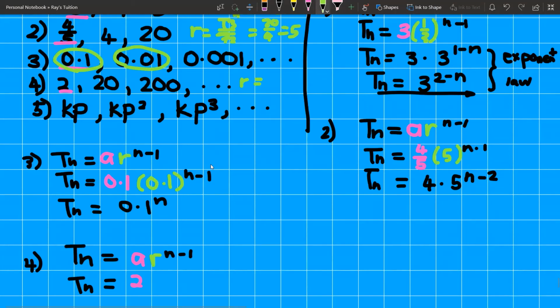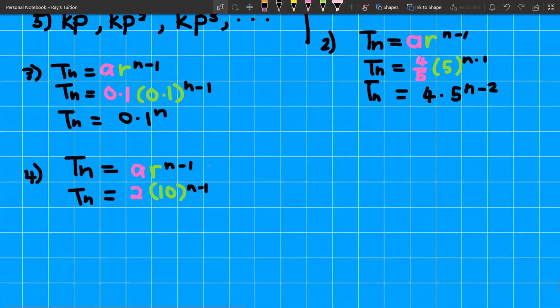Here I'm going to say T2 divided by T1, which gives us 10. So our ratio is 10, and that's to the power of n minus 1. This particular one, I'm not going to simplify further using exponent laws. I'll just leave it as 2 times 10 to the power of n minus 1.